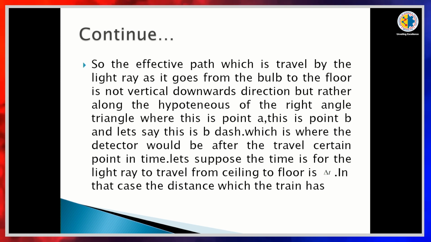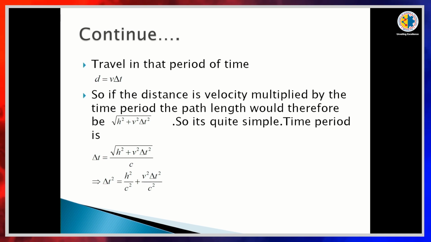So, in that period of time delta t, the distance which the train has travelled, d, is equal to v into delta t. Distance is equal to velocity times time period.